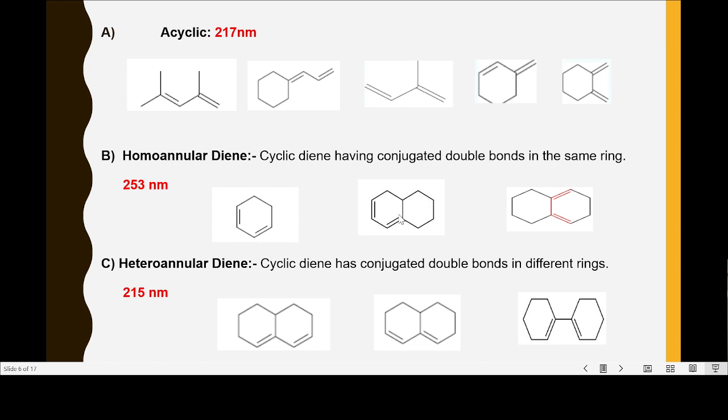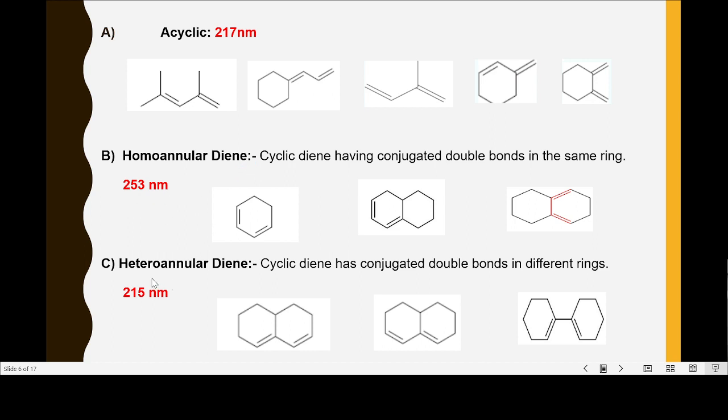In the second example, there are two rings but the 1,3 butadiene structure is present in the same ring. In the third example, the first ring has no double bonds and in the second ring both the double bonds are present in the same ring. So it is considered a homoannular diene and the base value is 253 nanometer.